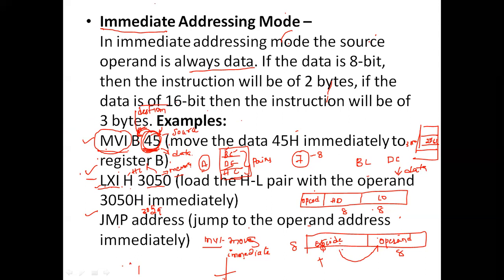So here, the cursor is executing from 3050 normally. Now whenever it encounters jump 3059, instead of executing all these instructions, it will shift to the 3059 address directly, immediately. So it will skip all the instructions in between. So this is the immediate addressing mode.